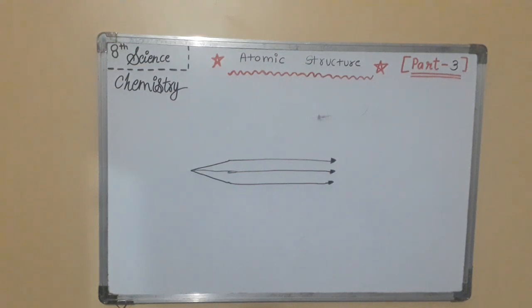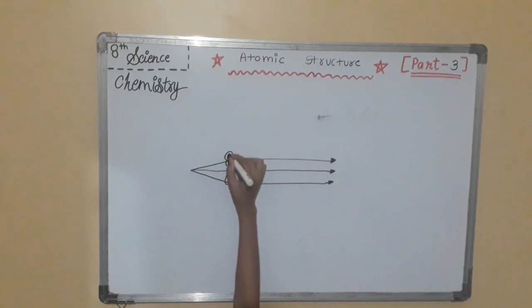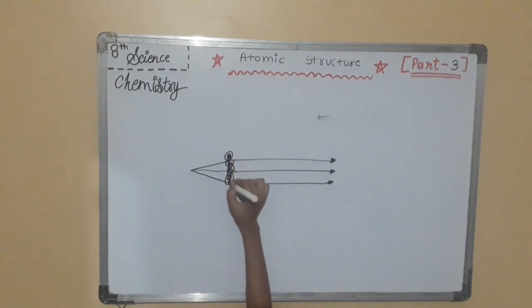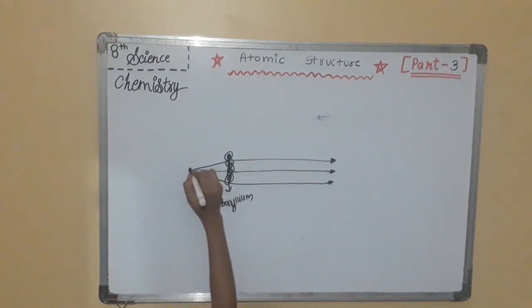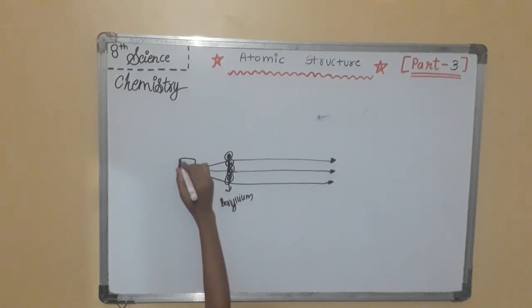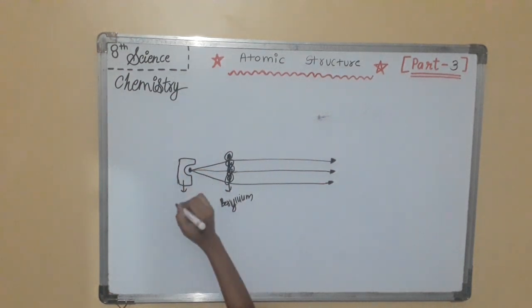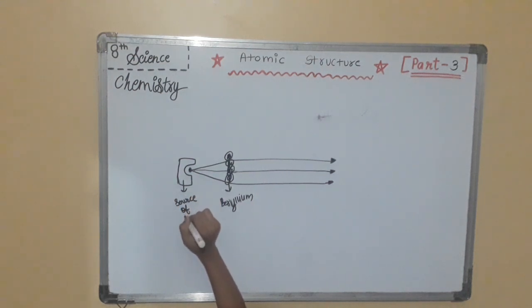After that, this was the beryllium and this was the source of alpha particles.